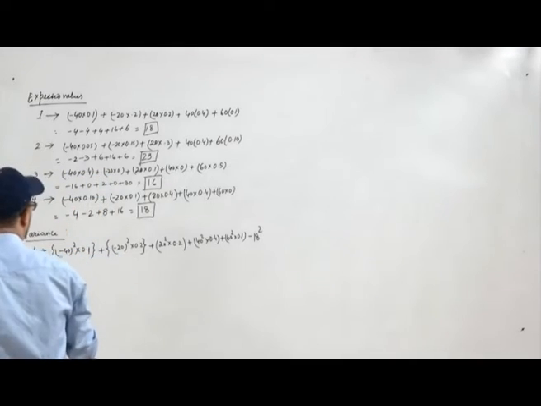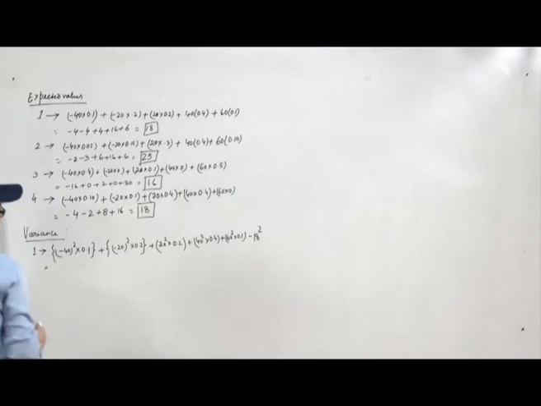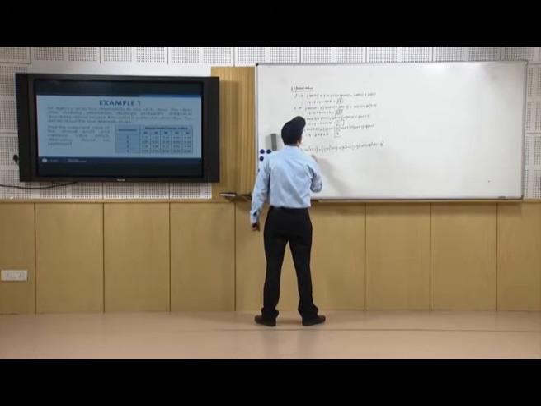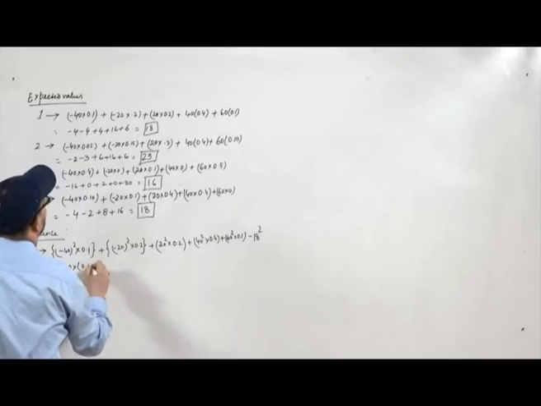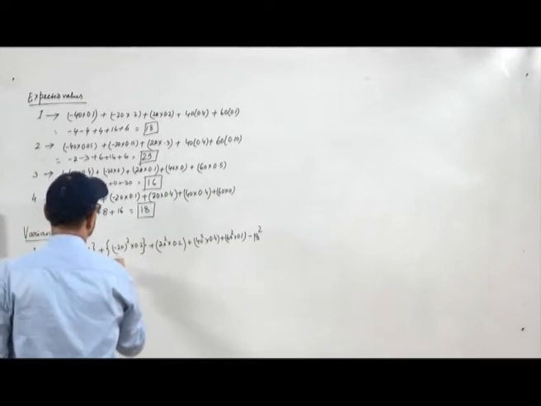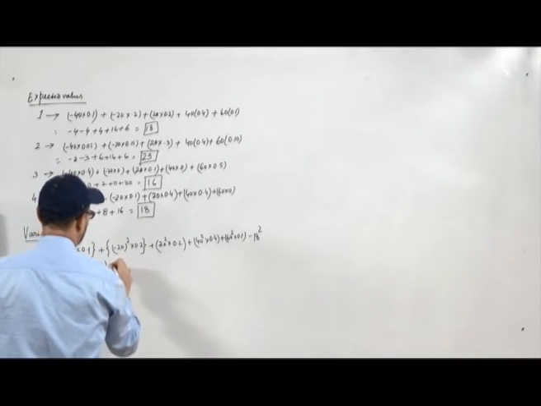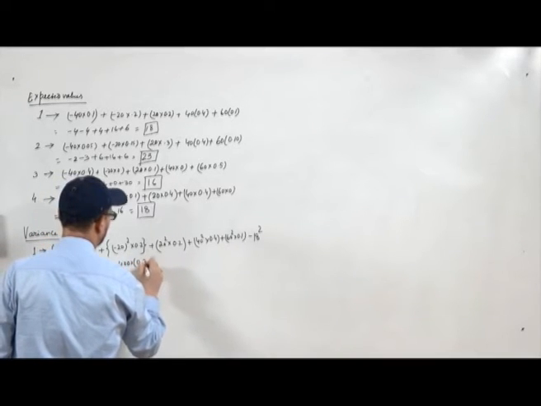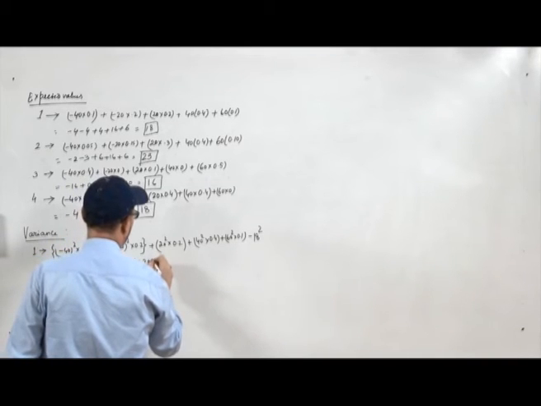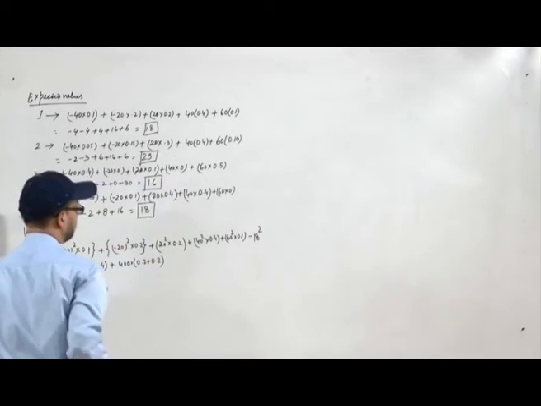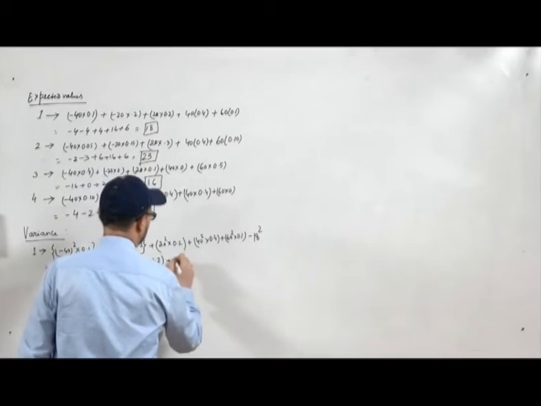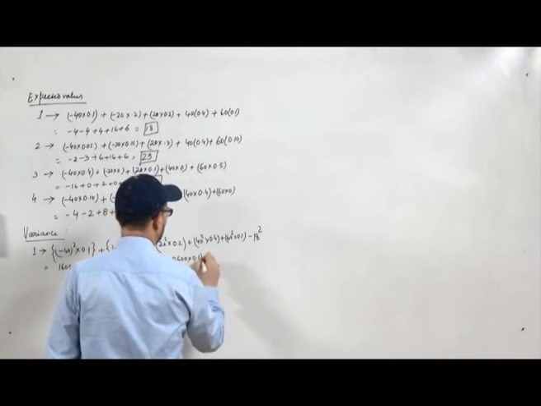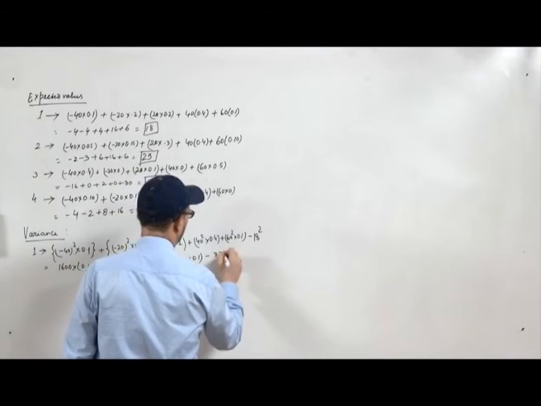So, it will be, if you look at 40 square, 1600 multiplied by 0.1 plus 0.4, plus 400 multiplied by 0.2 plus 0.2, plus 3600 multiplied by 0.1, minus 324.